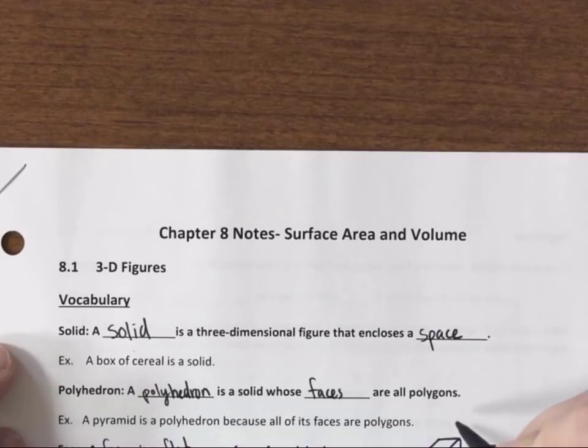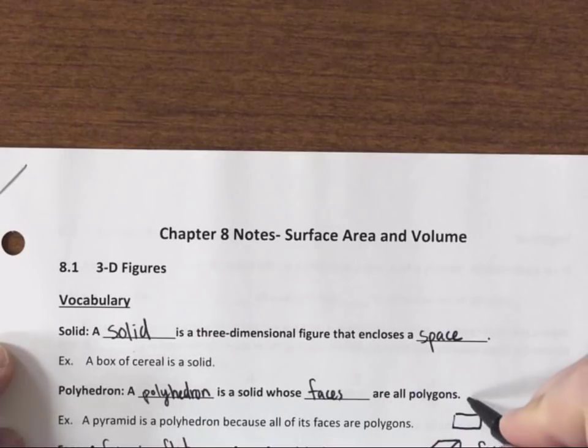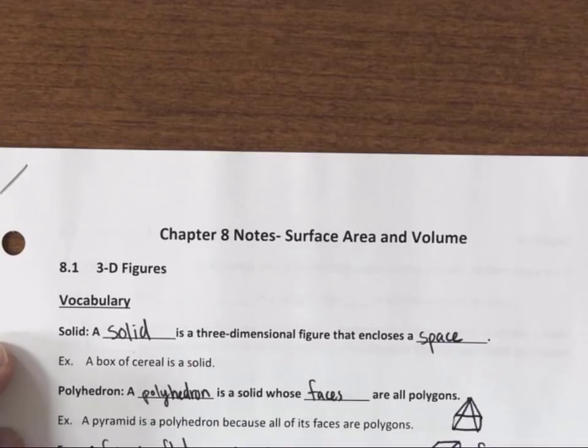You might have a rectangular base, and then you draw a dot up top, and if you connect all of the corners to that dot, you can create a rectangular pyramid. On that rectangular pyramid, all of its faces, the base, which is a rectangle, and all of its lateral faces are polygons. So this is a polyhedron.